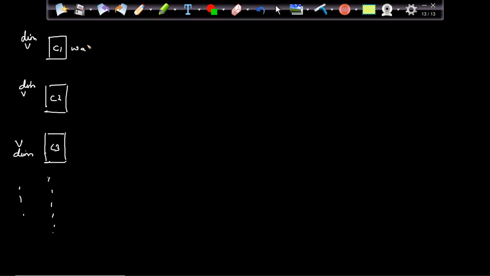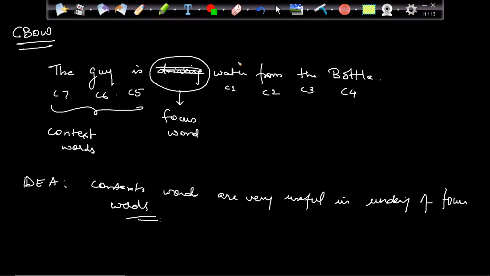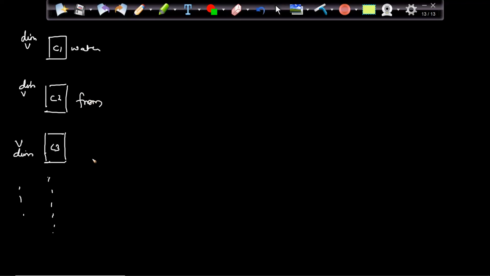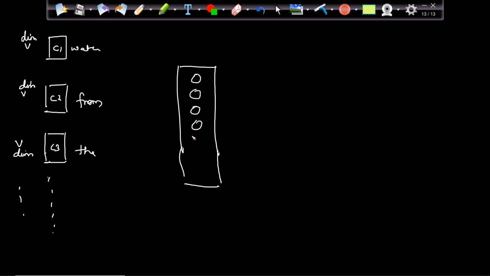For example, water, from, the, like that. I will have one hidden layer. This is again coming from the AI world; it's basically AI technology which we are applying at the back end. And this hidden layer has n number of neurons, n dimension.